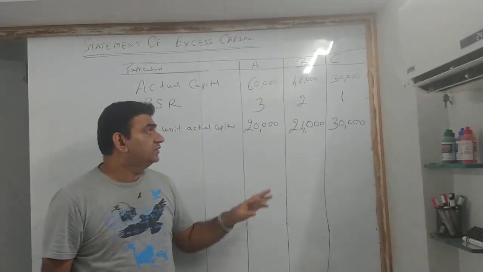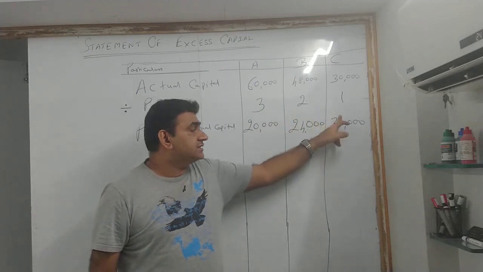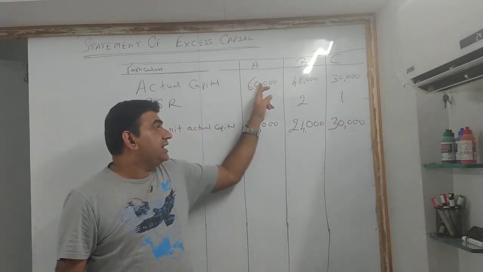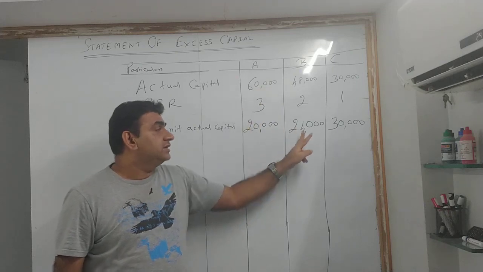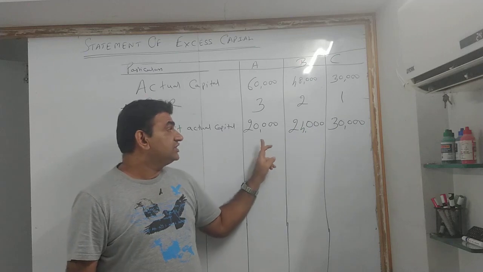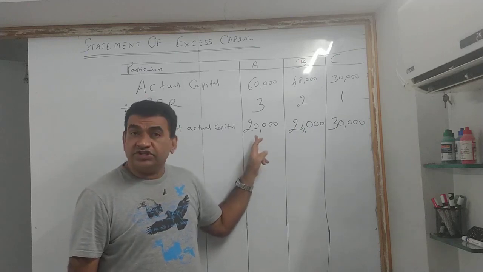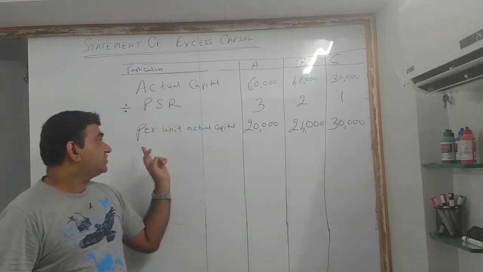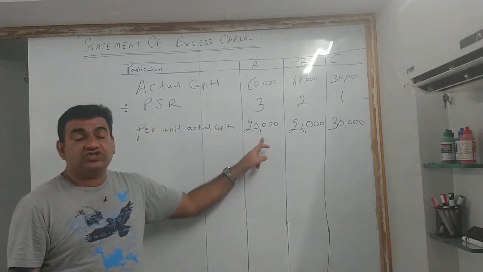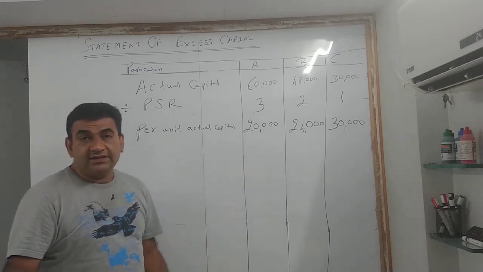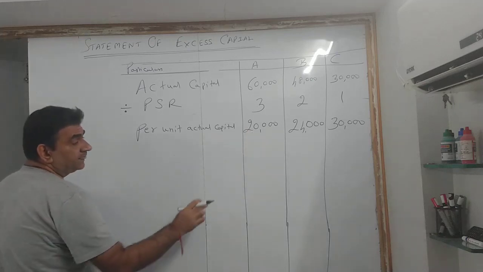Now what will you do? After dividing, see which is lowest. A 20,000, B 24, C 30. Which is lowest? A is the lowest, 20,000. Correct? So pick up the lowest of the per unit actual capital. Now see what you will do.